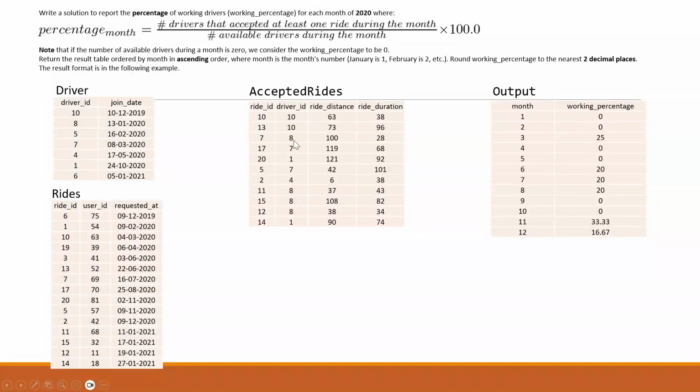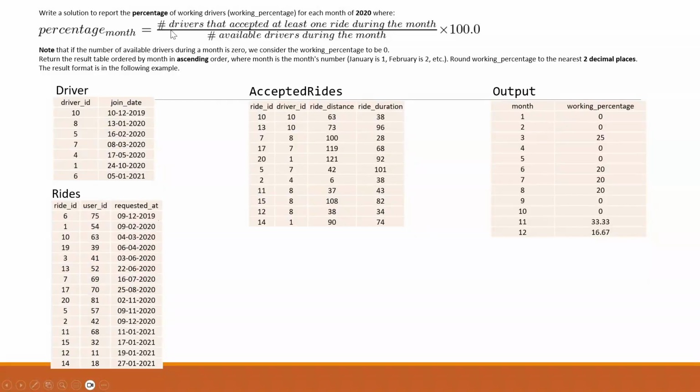For that, we can join these two tables, the rides table and the accepted rides table. Why do we need to join? Because the requested at date for each accepted ride is available in the rides table, right? So I can join these two tables on the ride ID, and then for each month from the requested at column, I can find the count of distinct driver IDs.